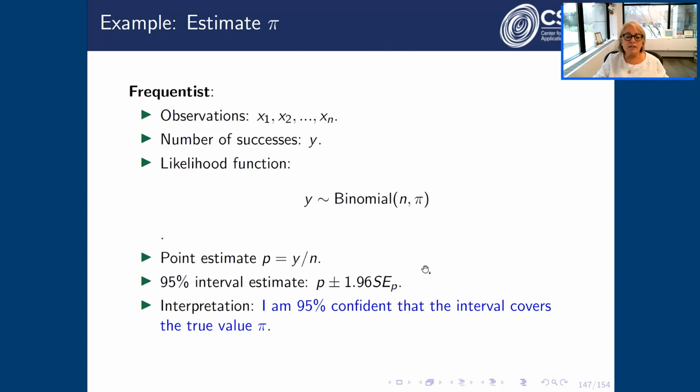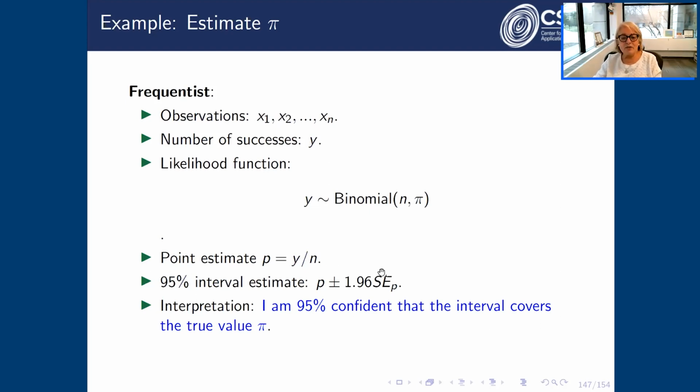And remember, we talked about the margin of error and the sampling error of p. We said the standard error of p was computed as the square root of p times 1 minus p divided by n. You can find that in last week's slides.